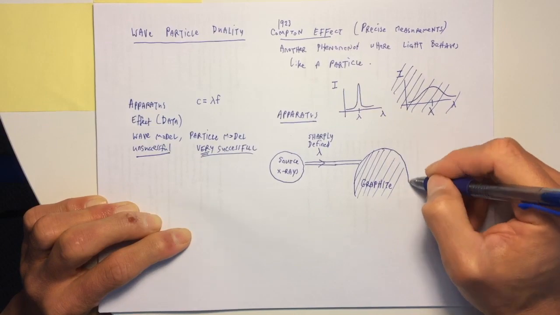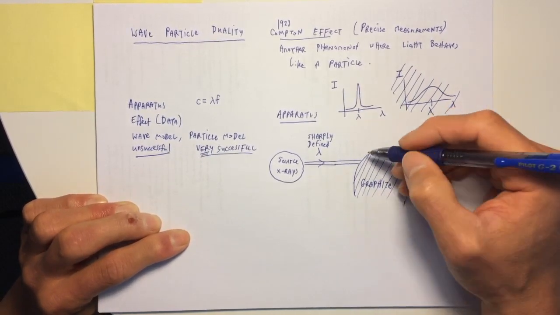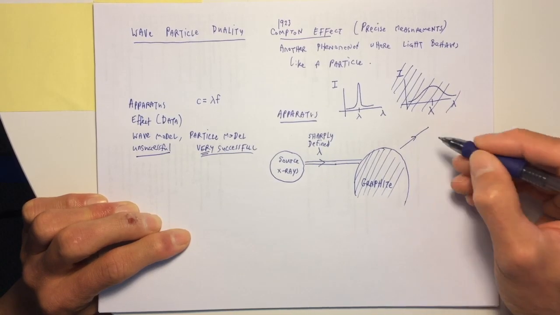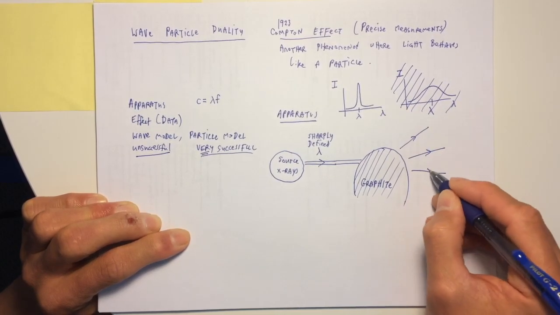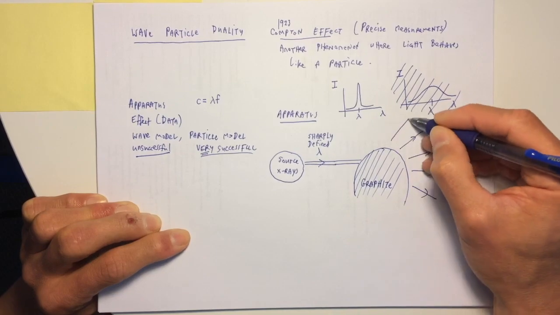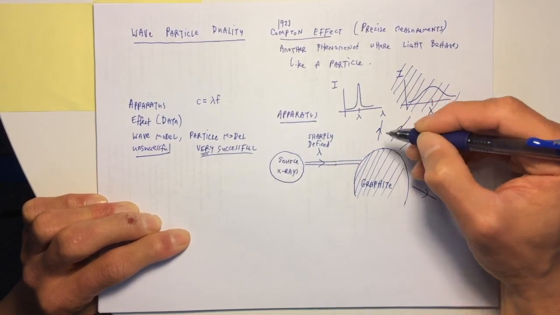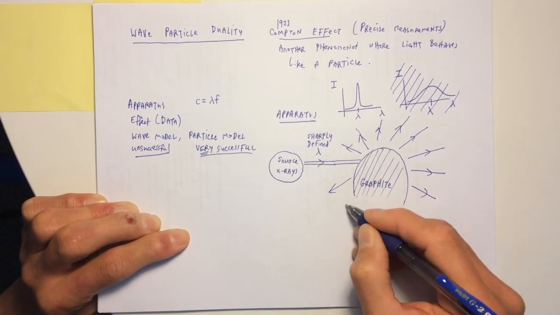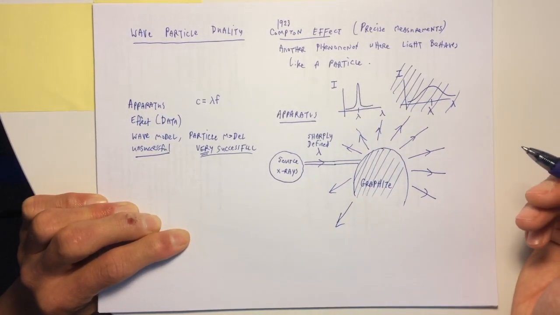And what comes away from the graphite is actually a bunch of light. Light comes off in every direction, even some back scattering.